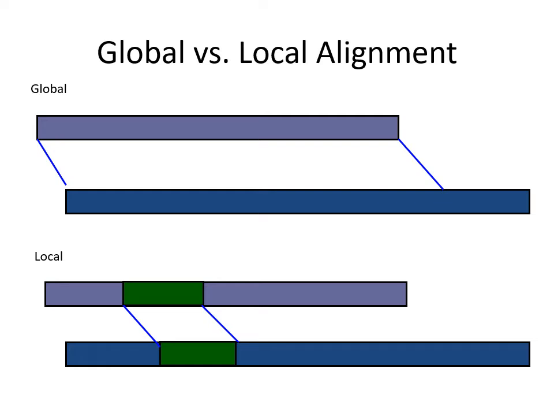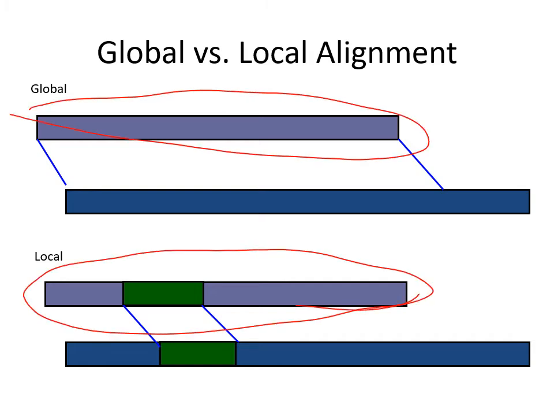So when you want to find matches to your unknown sequence, there are two general ways you can go about it. You can look at it globally, in other words, try to match the entire stretch of data, or you can look at little slices of that. So in this example, let's say the upper one is the unknown, okay? That's yours. That's your DNA sequence. You don't know what it's from. Maybe you don't even know what this gene does.